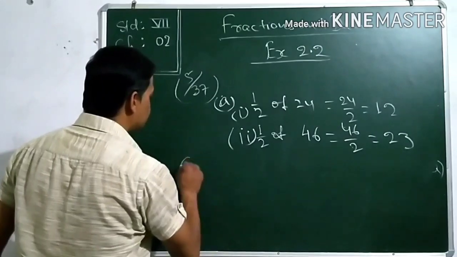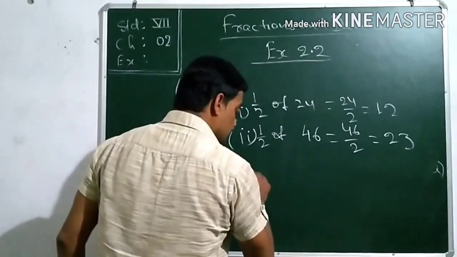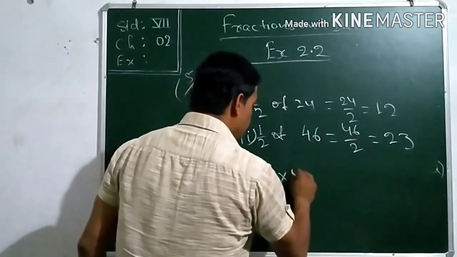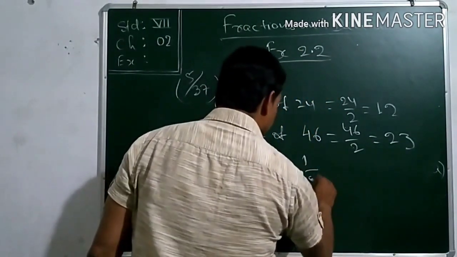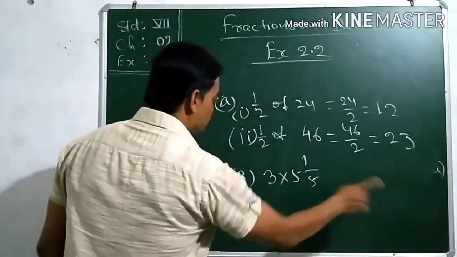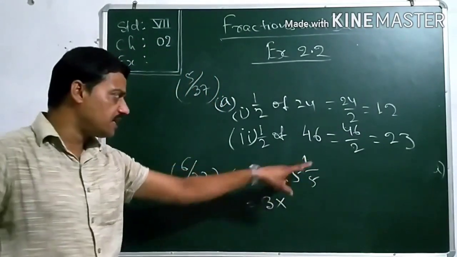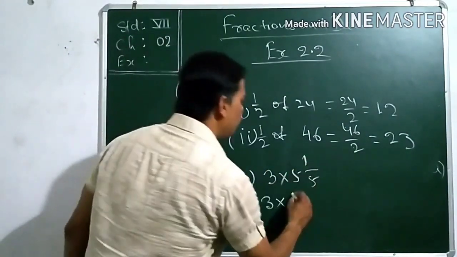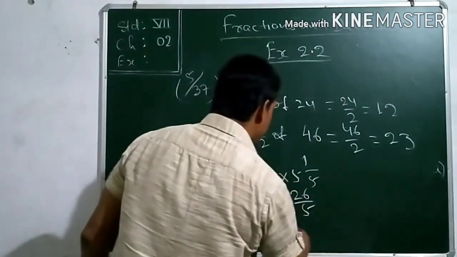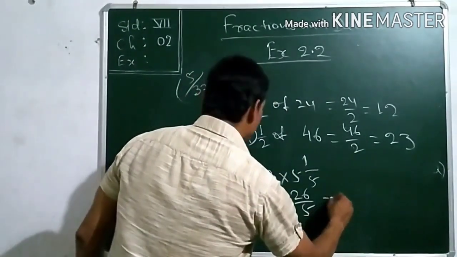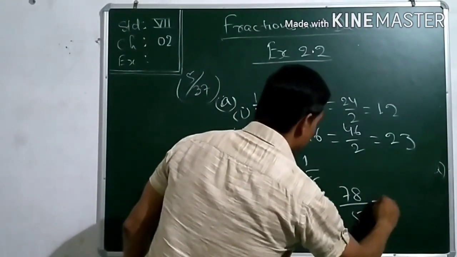And the first one is 3 into 5 whole 1 by 5. In the first step, we will convert it into improper fraction as I had explained you. 5 5s are 25 plus 1, 26 by 5. 26 into 3 equal to 78 by 5.